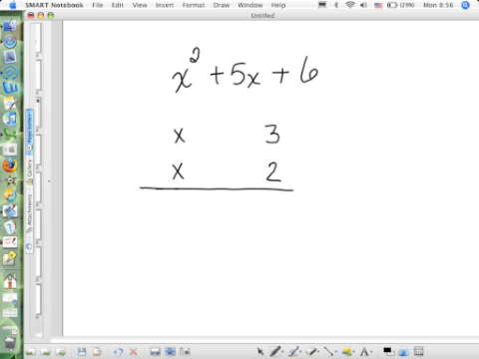We cross multiply. And we ask ourselves, will that add, this is very important, add up to 5? If they're both what? If they're both positive. Okay, so we've got x plus 3 times x plus 2.